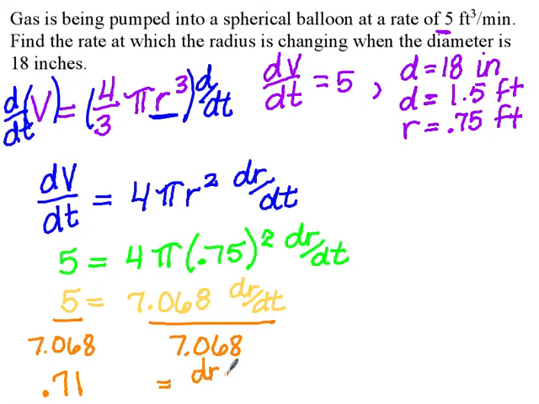For the label, I look at what I found, and I found dr/dt. So in this problem, what would the label for a radius be? Feet. Divided by, what is the label for time? Minutes. So my answer is 0.71 feet per minute. Okay? Pretty straightforward.